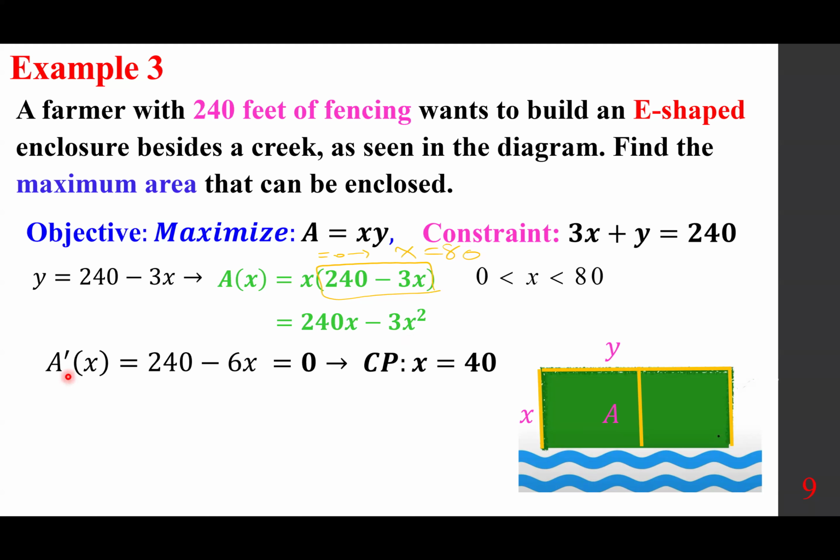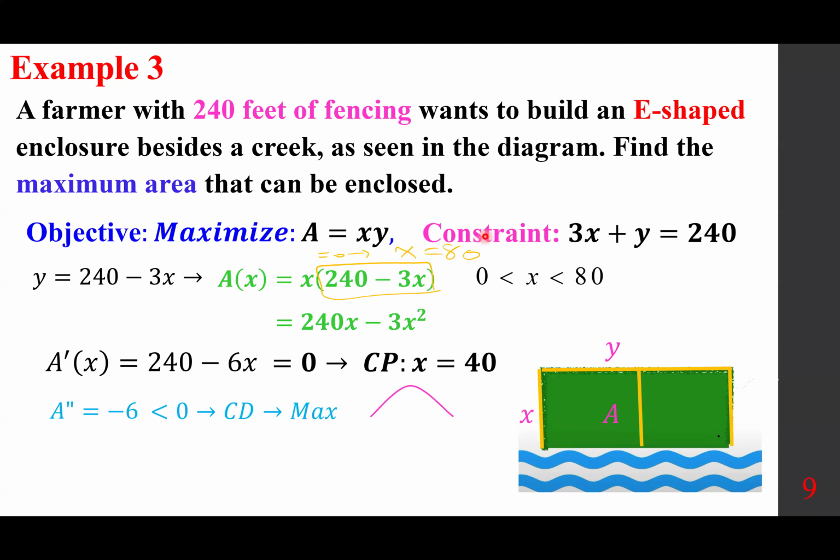Second derivative test is easier. I get simply -6. Remember, I'm just interested in the sign, and because it's independent of x, if you plug in any number, it makes no difference. So it's negative, which means it looks like that, concave down. Concave down means a maximum occurs.